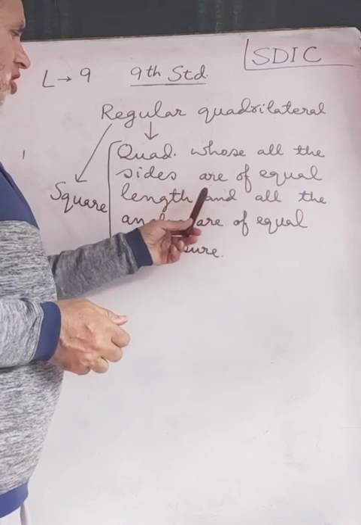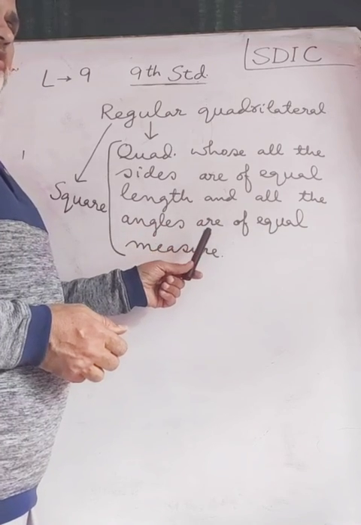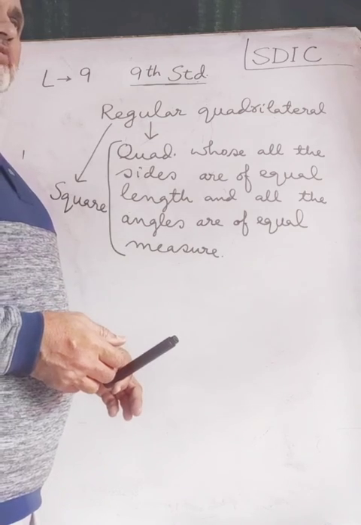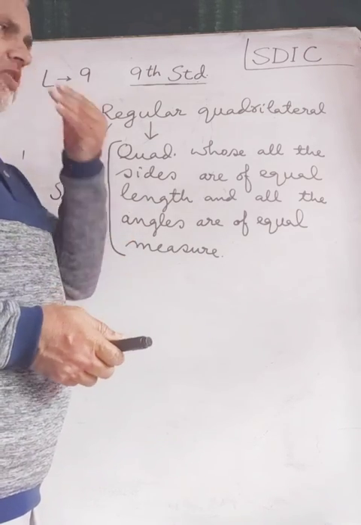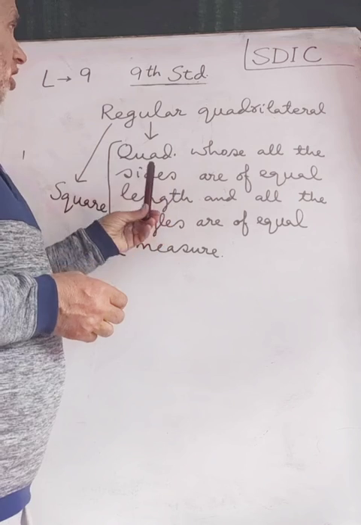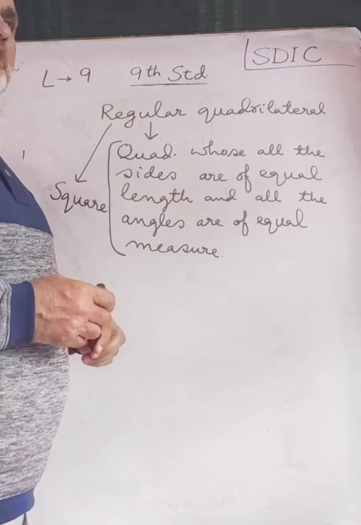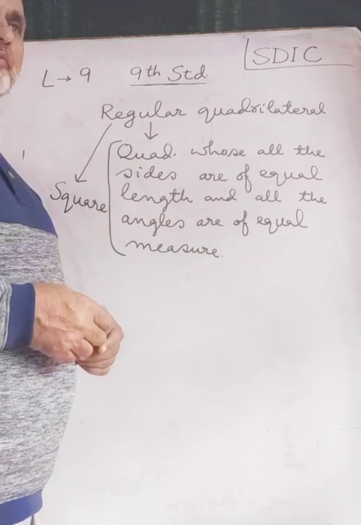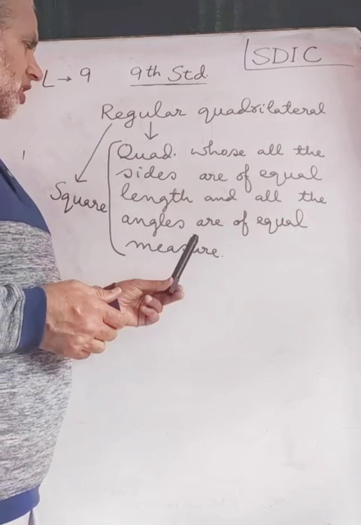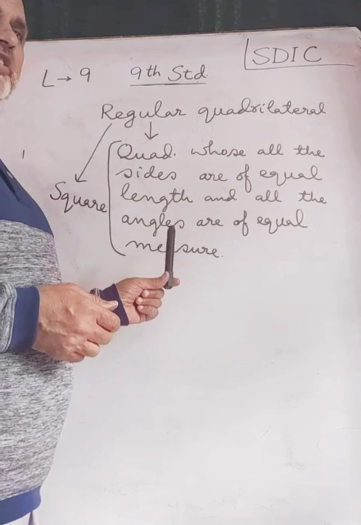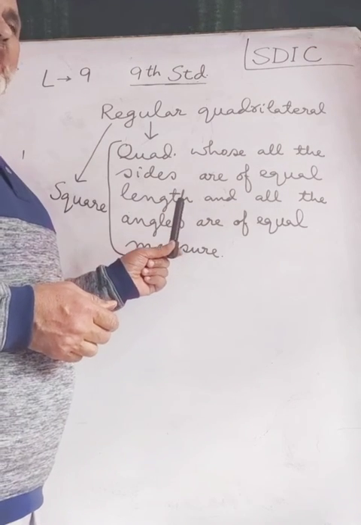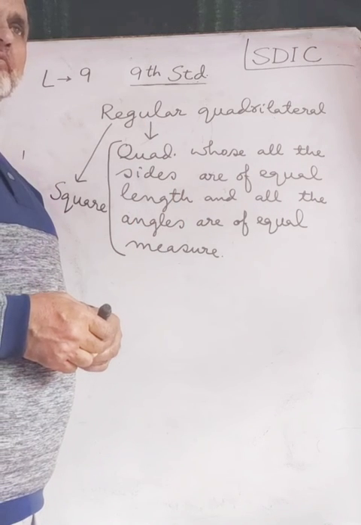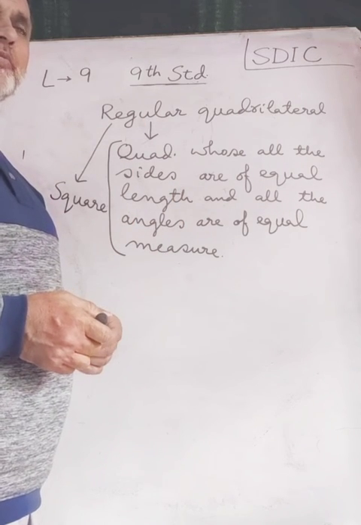Well, now if these conditions are not fulfilled, maybe only one is fulfilled and the second one is not, maybe both are not fulfilled, then that quadrilateral will be called an irregular quadrilateral. Look at the rhombus you have read, the rectangle you have read. A rectangle has all angles of equal measure, 90, 90, 90, 90, all the 4. But all the sides are not of equal length. Only opposite sides are of equal length. Therefore, that cannot be called a regular quadrilateral.